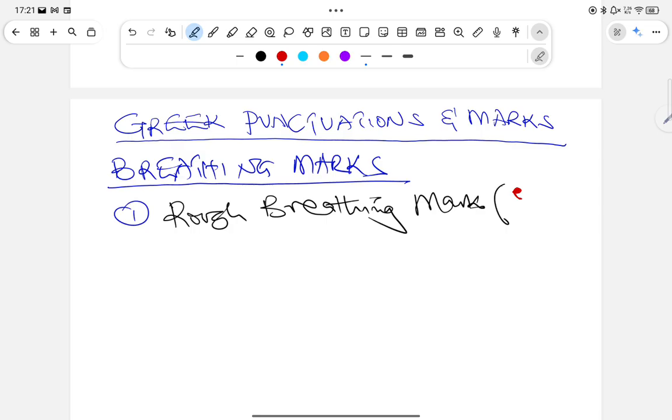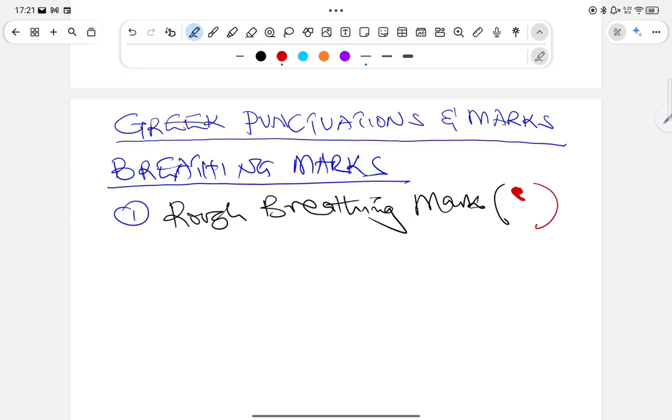I'm going to draw this bigger so you can see what we're talking about. It's like an apostrophe, but tilted facing the opposite direction. The rough breathing mark we're talking about is that first one.